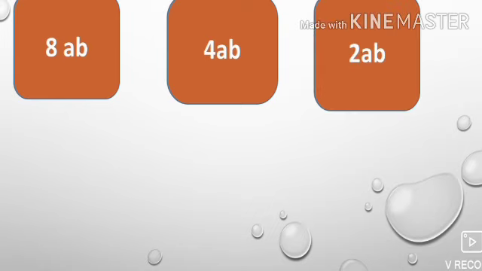Students, now let us start adding algebraic terms. 8ab, 4ab and 2ab. Here, what is the variable in these three algebraic terms? Yes, it is ab. So, to add 8ab, 4ab and 2ab, we have to add the coefficients alone.